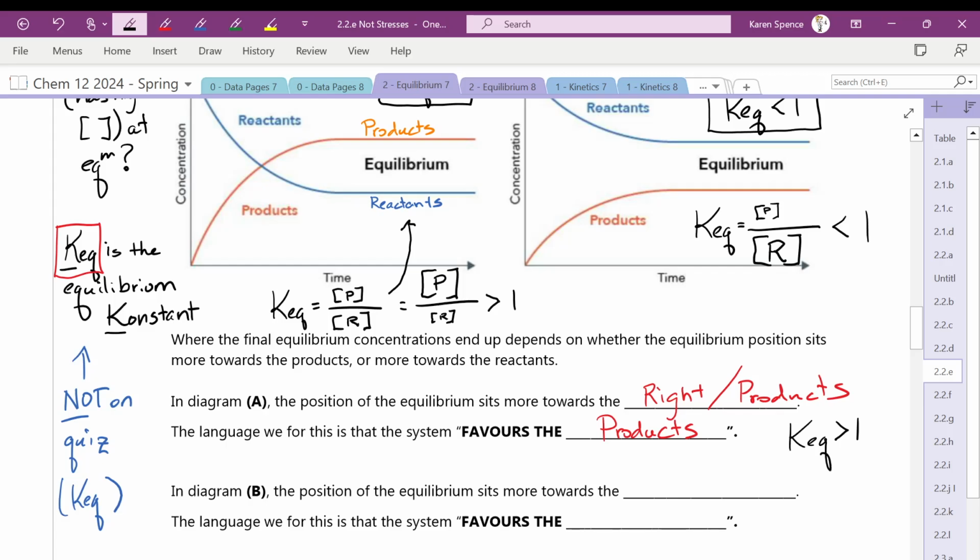In diagram B, the position of the equilibrium sits more towards the left. In other words, the reactants. So the language we use around that is that the system favors the reactants. And that means that KEQ will be less than 1. Yes?